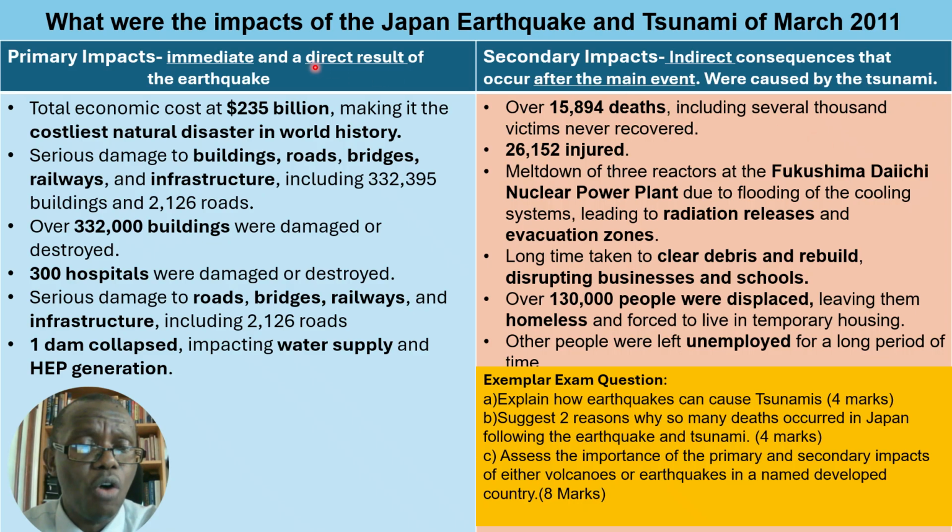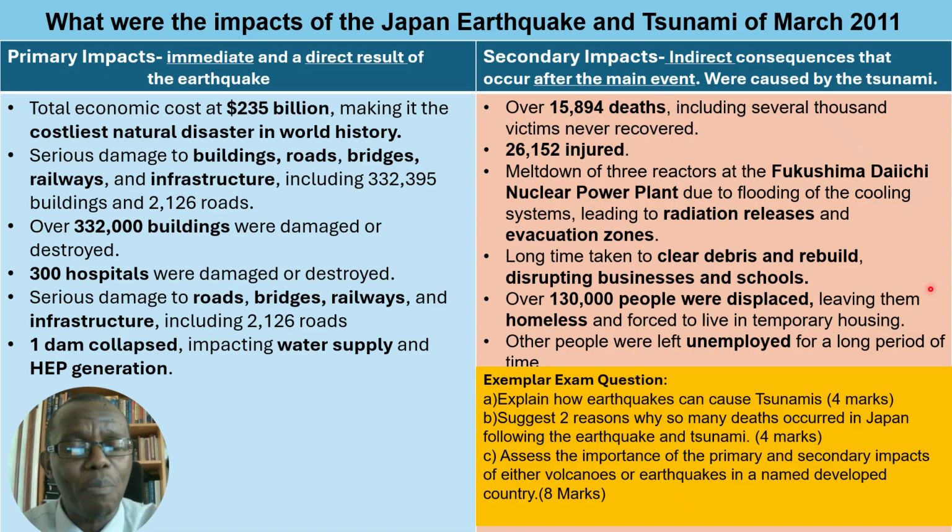So we will start off with the cost of damage. The total economic cost was valued at 235 billion US dollars. That made it the costliest natural disaster in world history.